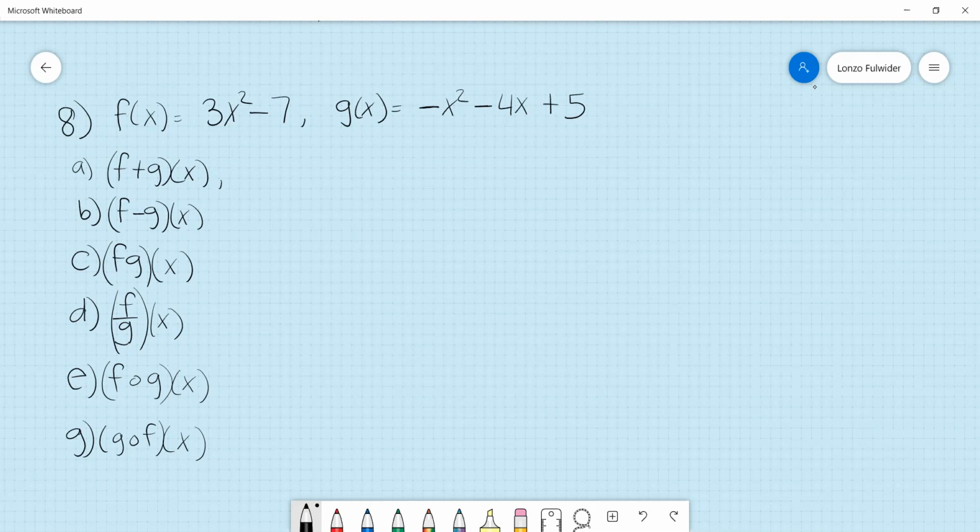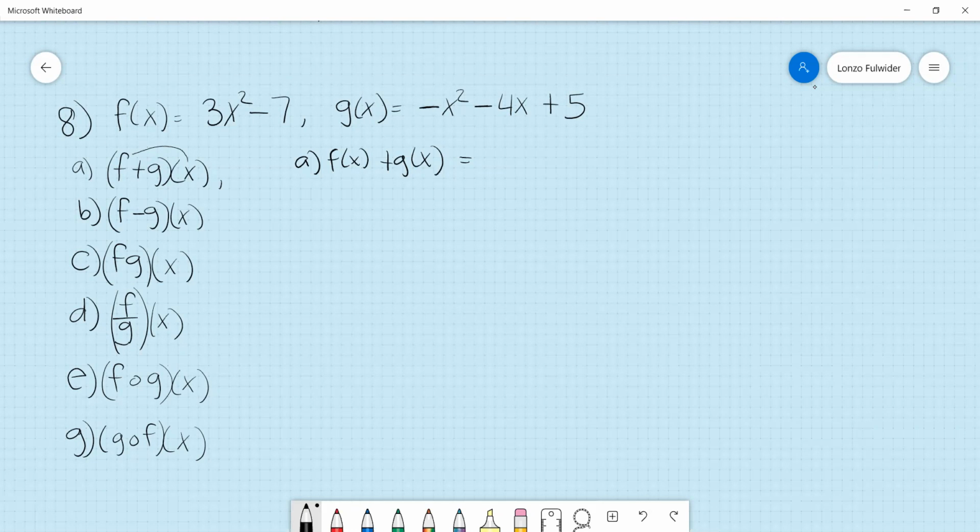Let's do part A. This is f of x plus g of x, and this is pretty simple.